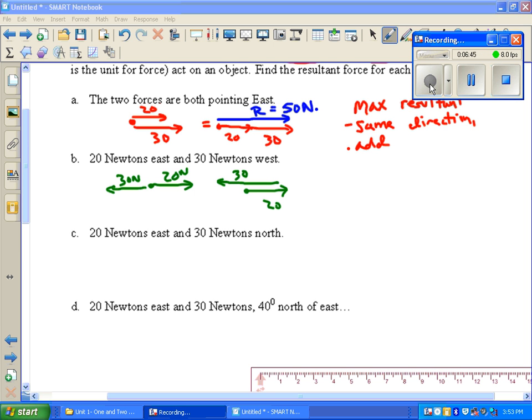My resultant is from the origin to the tip of the last vector I drew. Okay, and that's obviously going to be 10. So my resultant for this one is going to be 10 newtons west. And that's the minimum I could get with those two. The minimum resultant is when they're in the opposite direction.